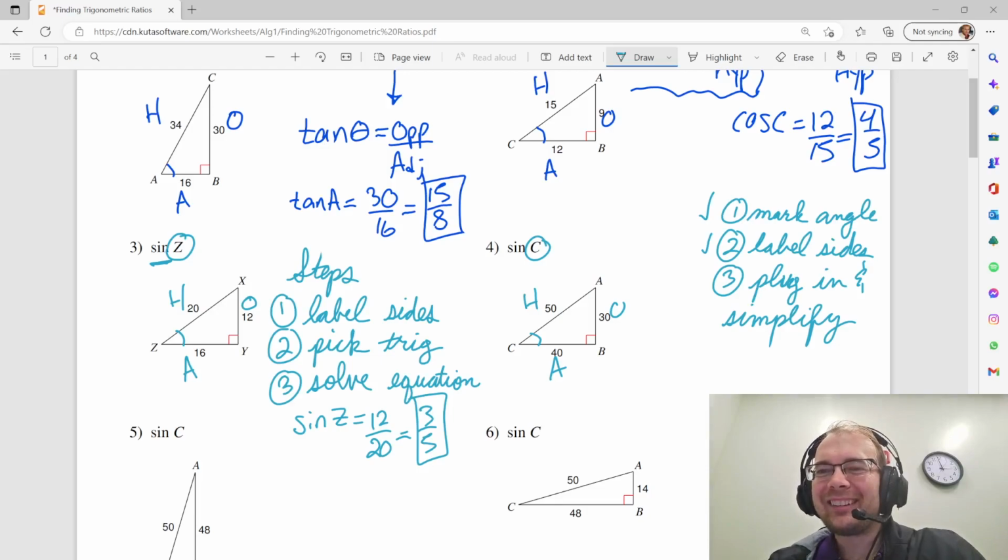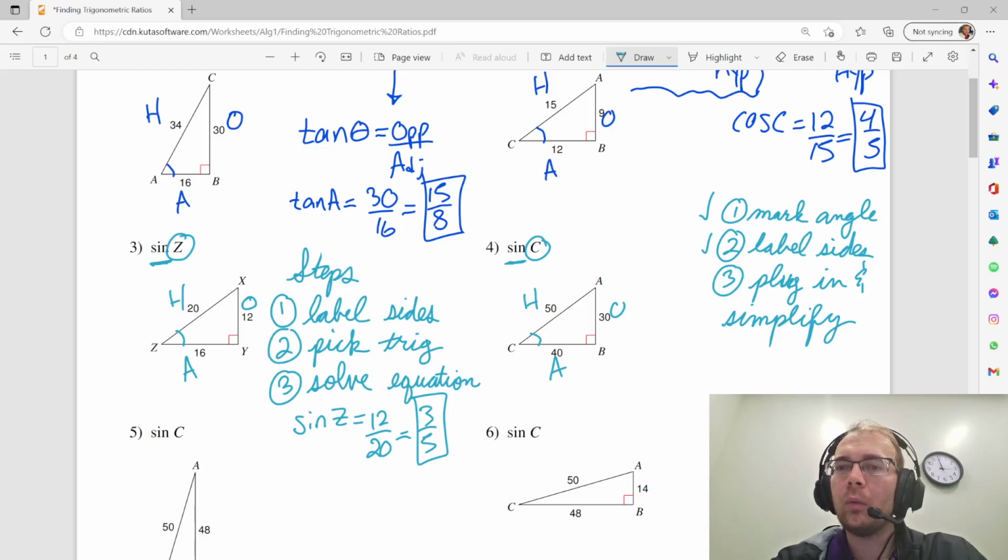Mark the angle, label the sides, plug in and simplify. So in order to plug it in and simplify, we want to do sine. So I guess this is kind of like a step 2.5, is that we need to know what to plug in, right?